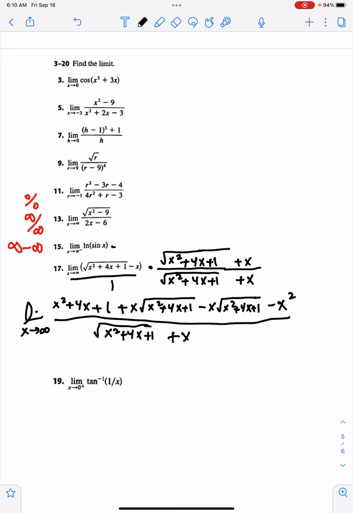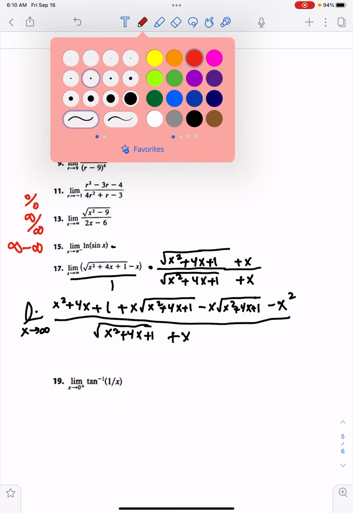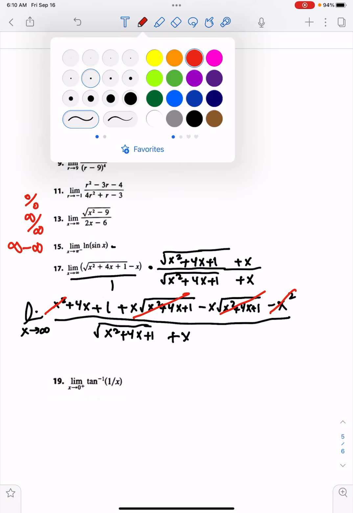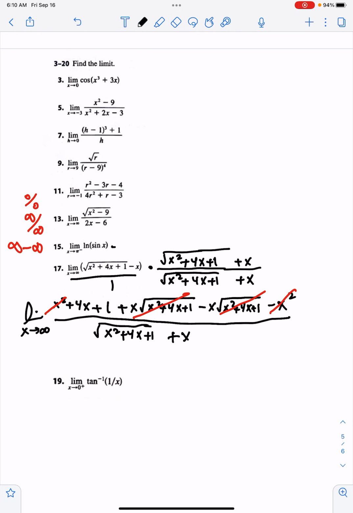Okay, now let's see what cancels. As you see, these two cancel, and then x squared minus x squared cancels. Now let's replace the infinity. On top, I will have 4 times infinity plus 1, infinity. On the bottom, I would have infinity squared plus infinity plus another infinity.